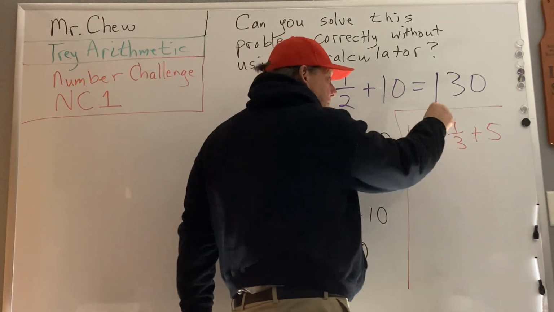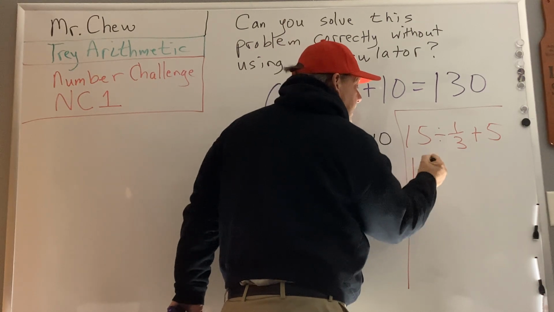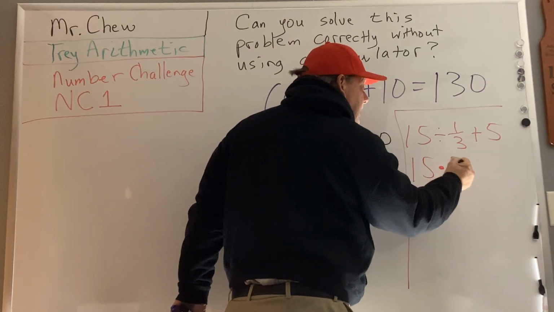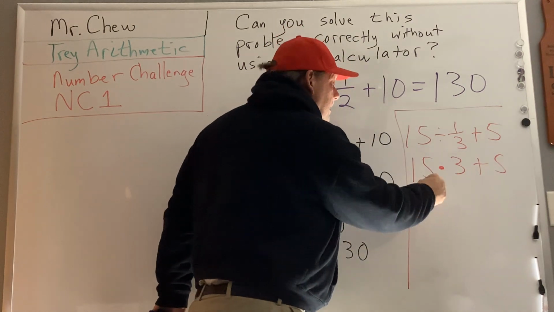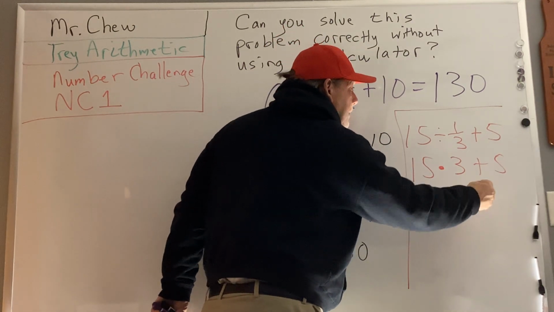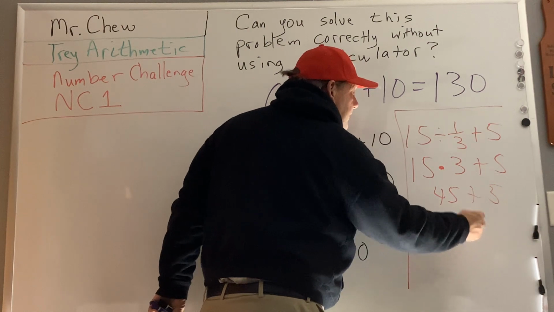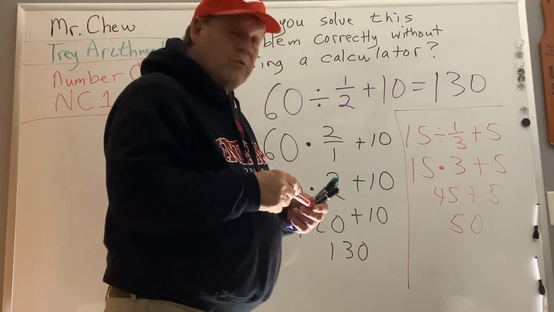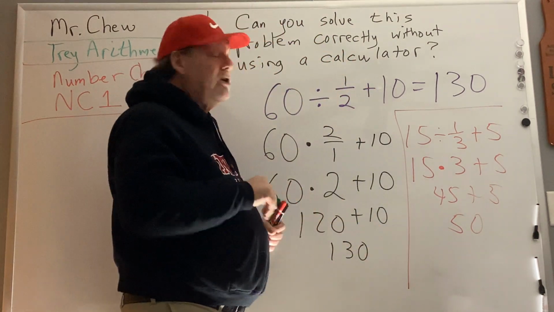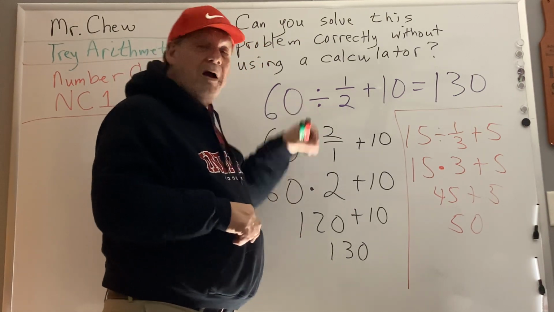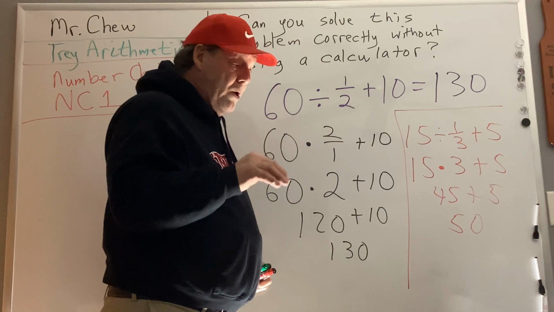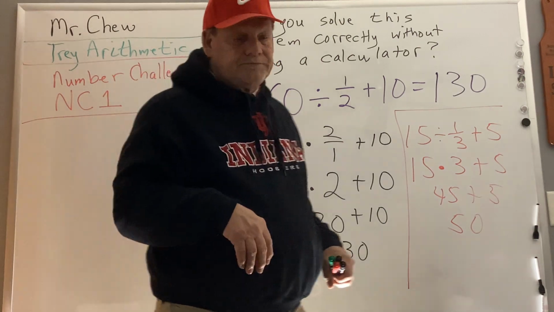I'm going to flip this, and what I'm really doing in my head mentally is 15 times 3, which is 45, and when I use my PEMDAS, that would be 50. So I just wanted to give you a couple examples working through that, because understanding the division by fraction rules is an important part of arithmetic.